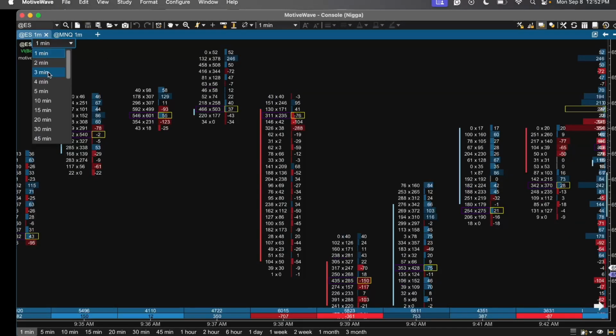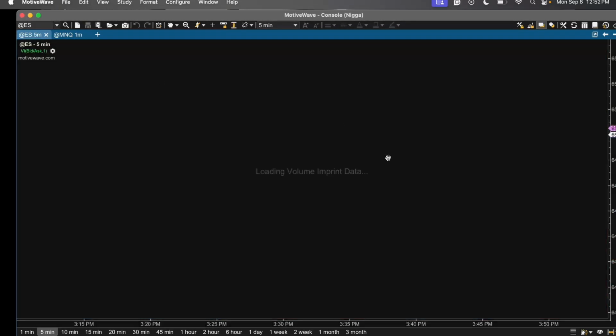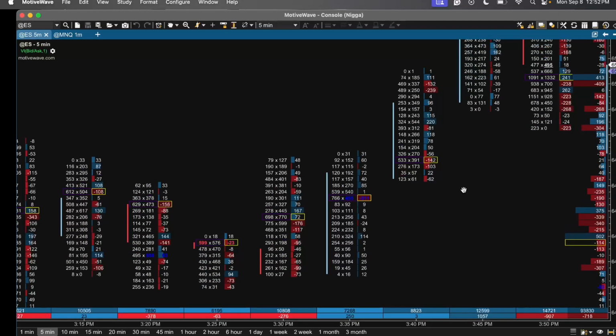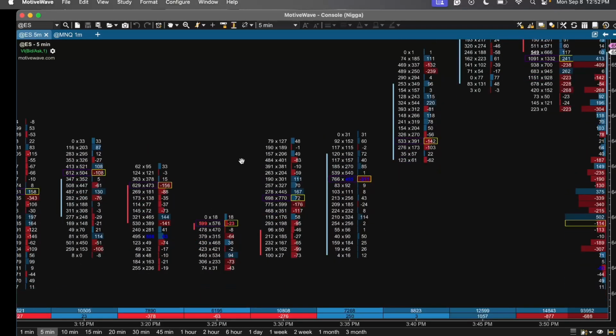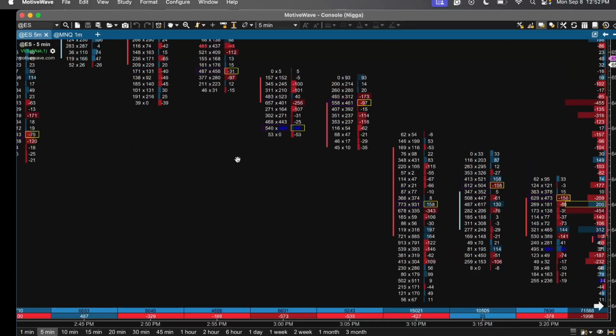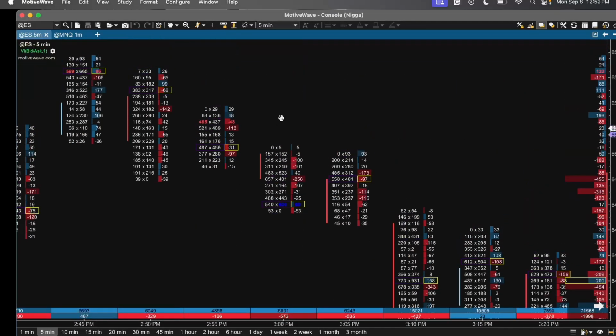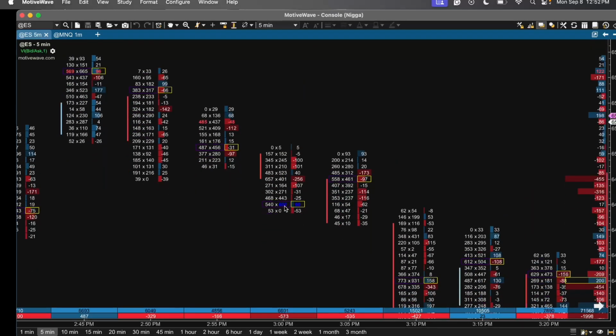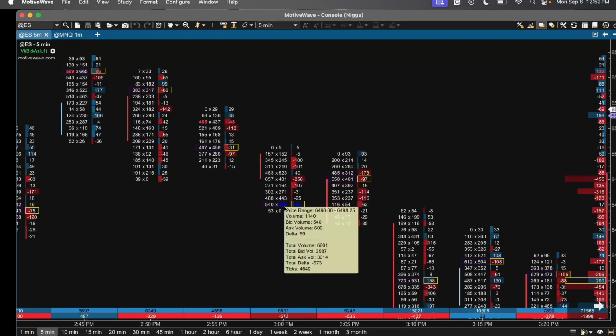Okay, and one more thing I forgot is imbalances. Almost forgot to mention imbalances. This is just a cherry on top confluence for me, but these are also used as support and resistance levels. So right here highlighted, the blue, these are buy side imbalances.